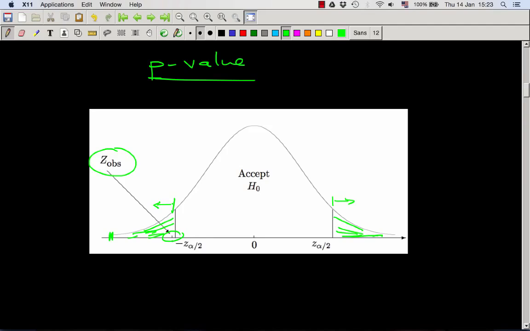You compute the p-value to have some quantitative measure of how sure you are about this rejection and about the distance between these lines here. So in a way, what you do is you try to test a hypothesis using all levels of significance. And then there are two cases.